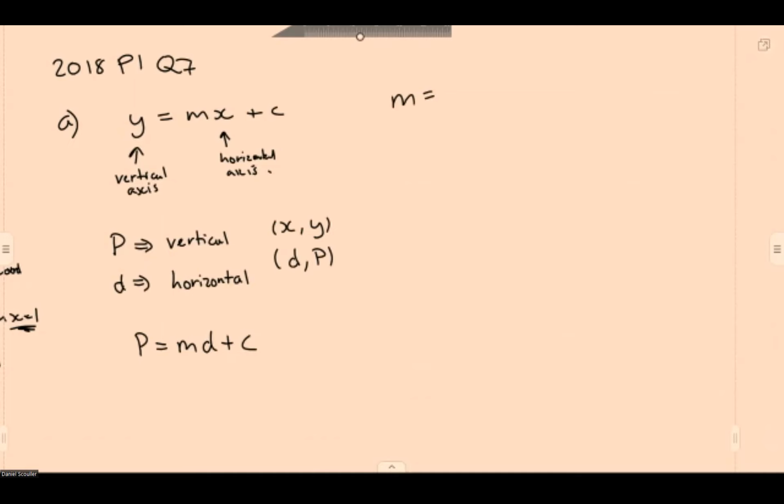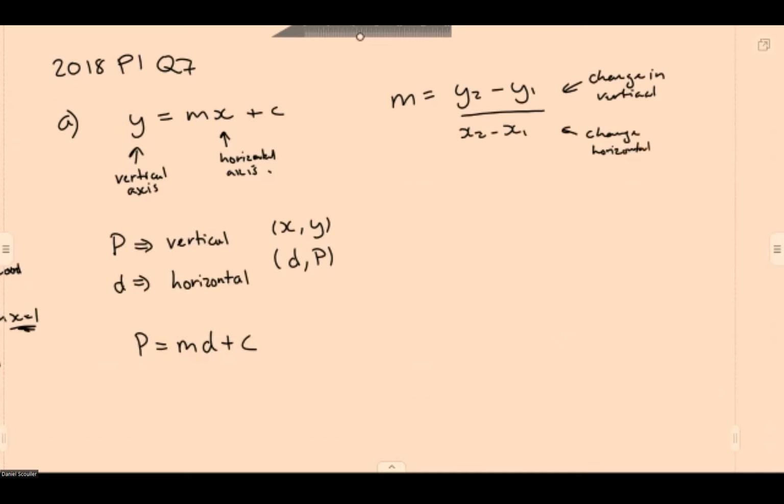So m equals y2 minus y1, which is just our change in vertical, over x2 minus x1, change in horizontal. No matter the letter, it's always vertical over horizontal.